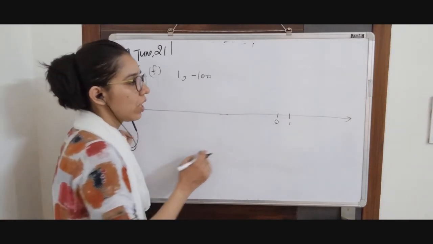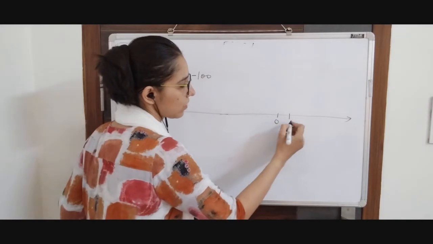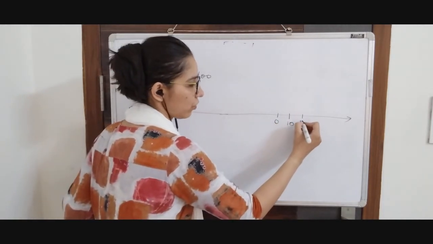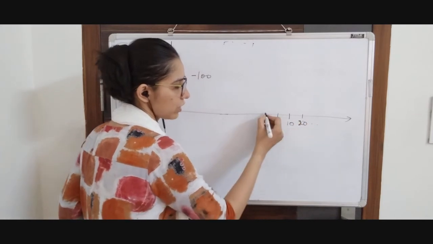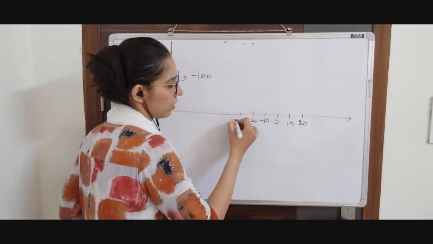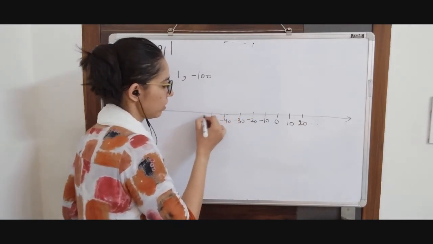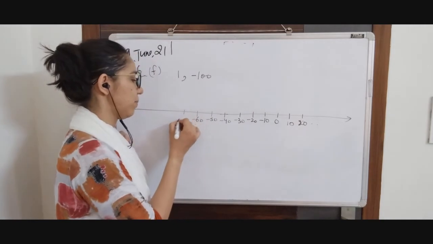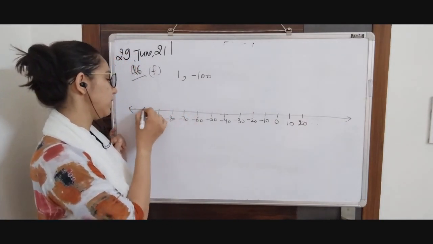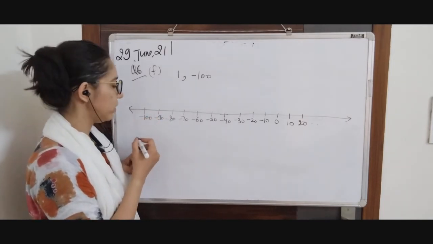So rather than representing 1 unit as 1, I will represent it as 10. So 10, 20 and so on. Similarly, on the left hand side, -10, -20, -30, -40, -50, -60, -70, -80, -90, -100. This was to accommodate all the given numbers.